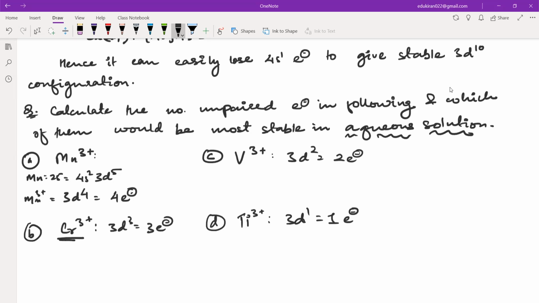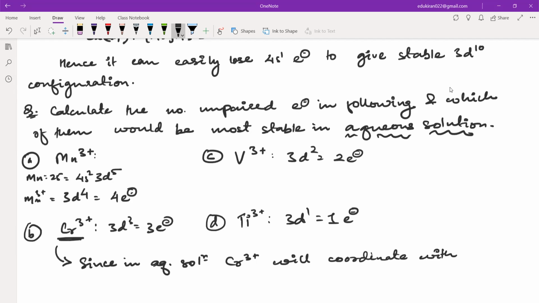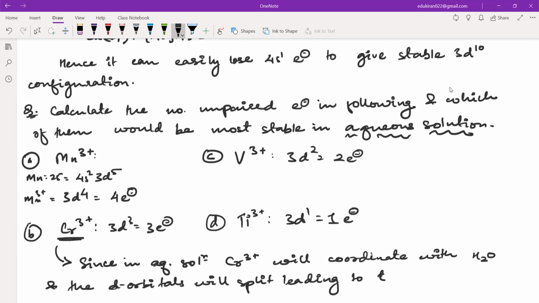We saw that chromium 3 positive, since in aqueous solution, Cr3+ will coordinate with H2O, and the d orbitals will split, leading to t2g3 configuration.